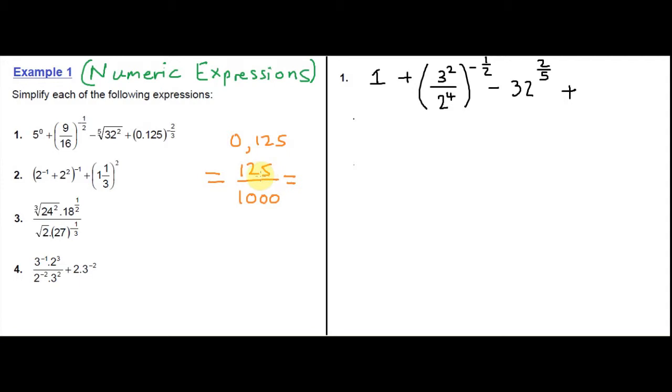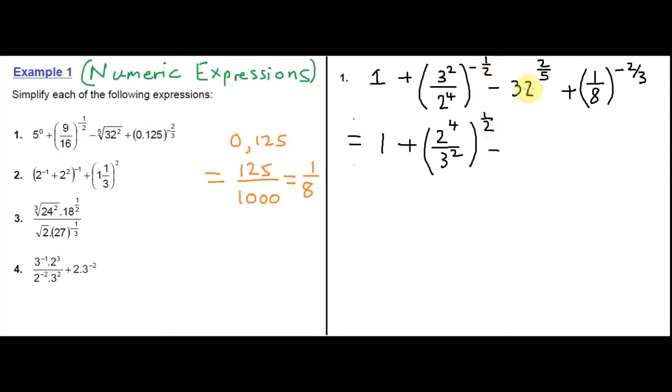And we can simplify further: 125 into itself once and into 1,000 8 times. So we know that 0.125 can be written as an eighth. And this is to the power of negative 2/3. We can switch around this fraction and the power becomes positive. So to the power plus a half.